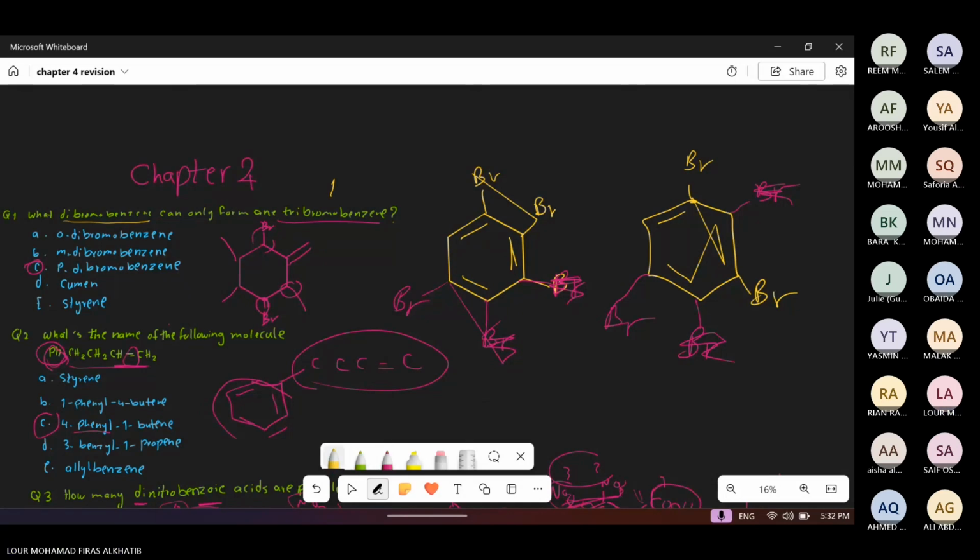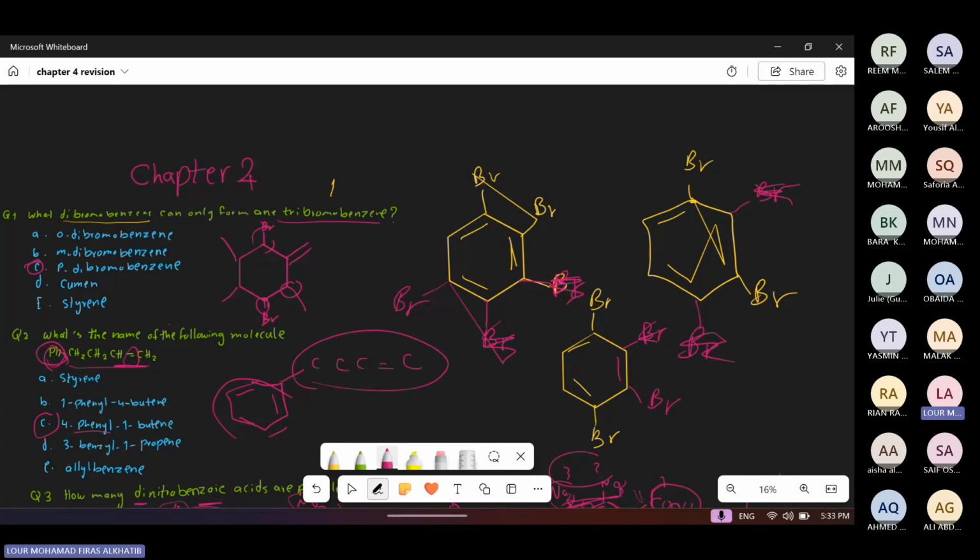Now, if it was para, I'll do it again. We have para, so look at this: Br here and Br here. I put the third Br over here. First structure. But I'm going to remove it and put it here. Is it the same?